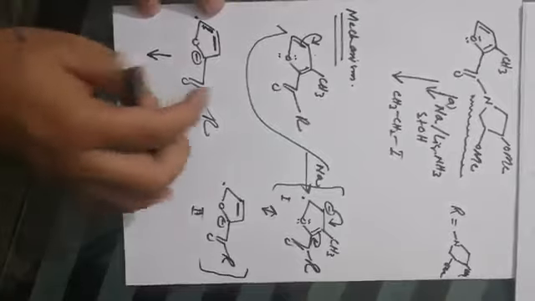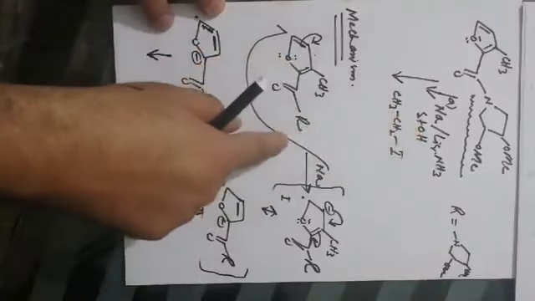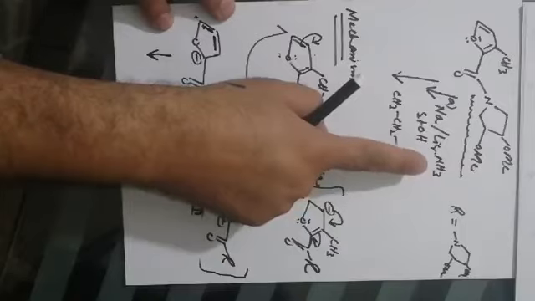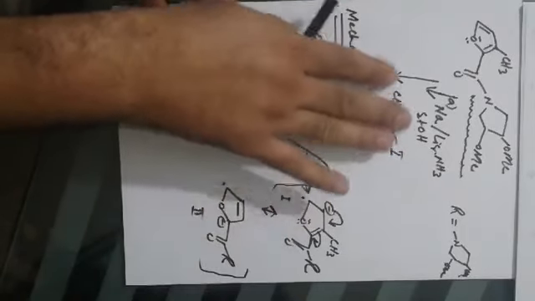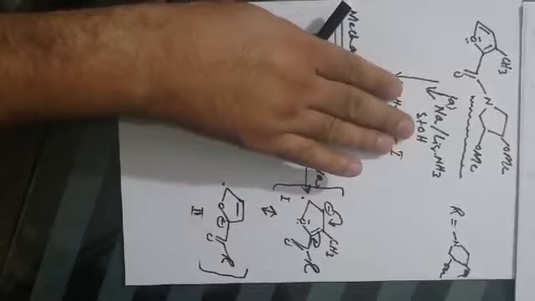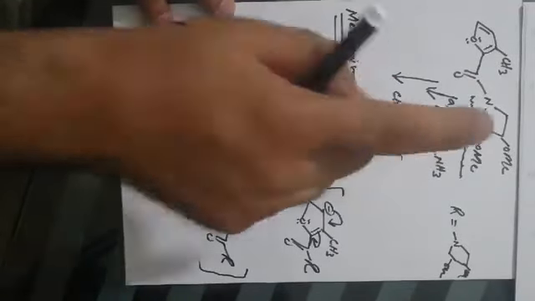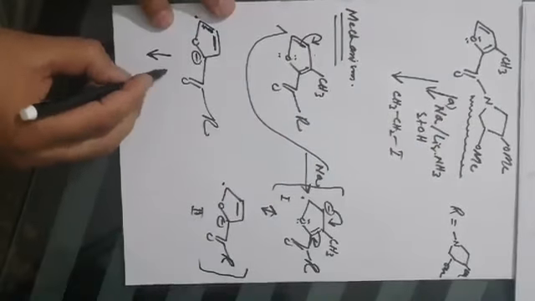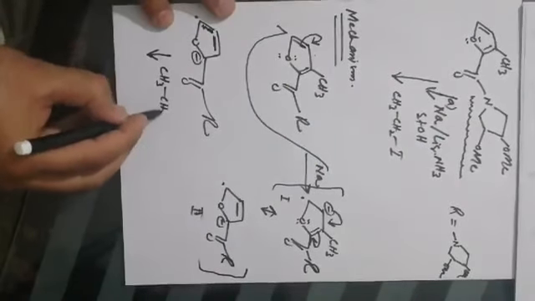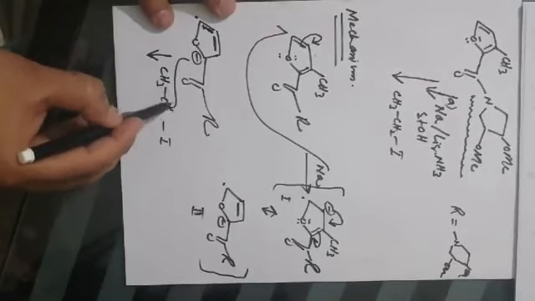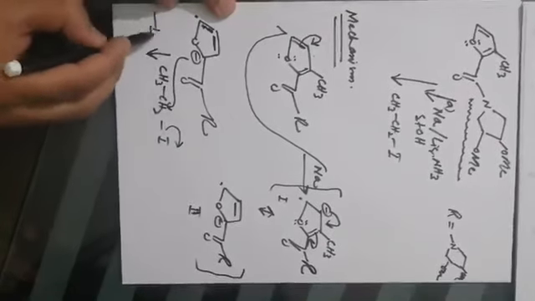Then in the reaction mixture, previously we didn't have this ethyl iodide. Now we have ethyl iodide as well in the reaction mixture. So what happens? It attacks here and iodide leaves.